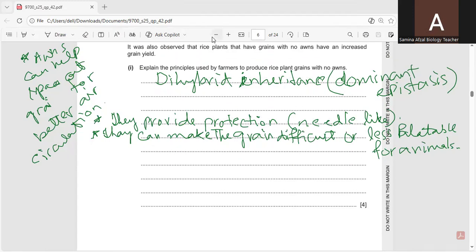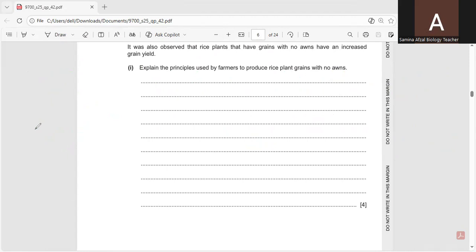So that is the question's next part. The long awns made storing and processing rice grains more difficult, and plants with no awns have an increased yield. The loss of awns is an example of artificial selection.